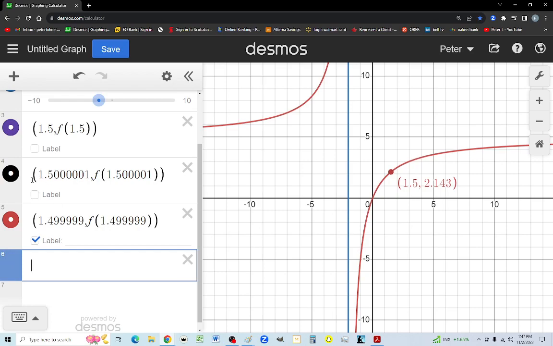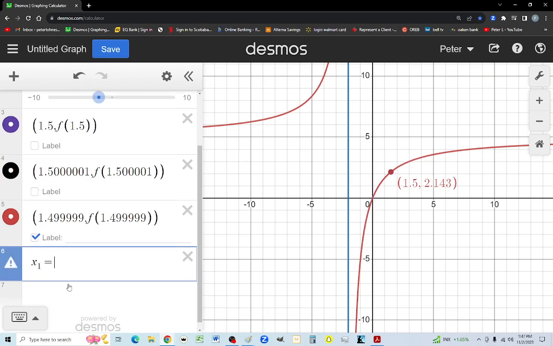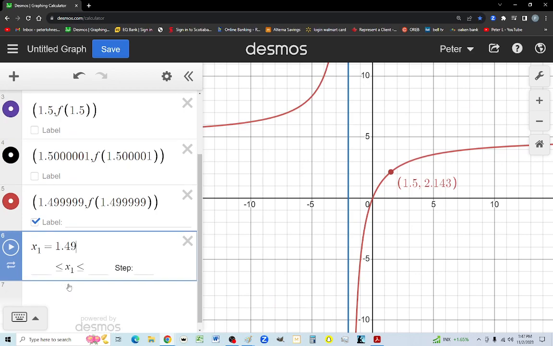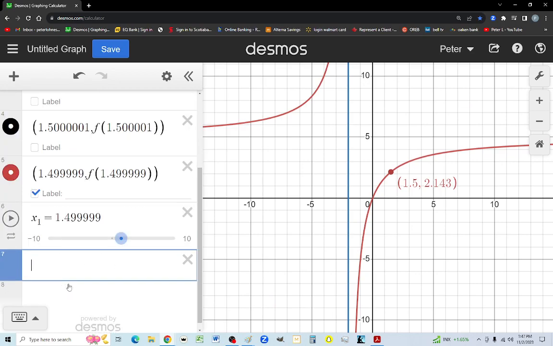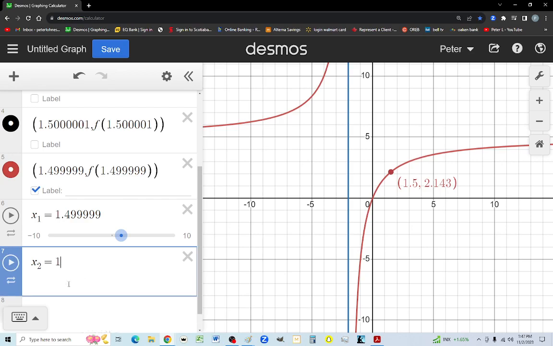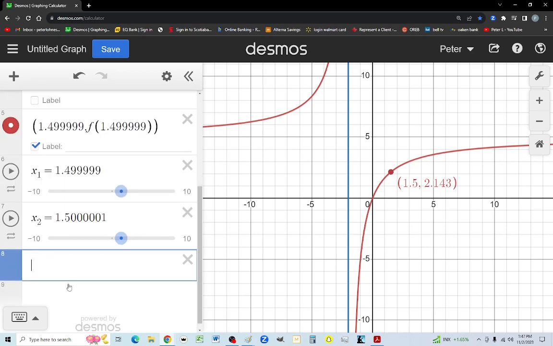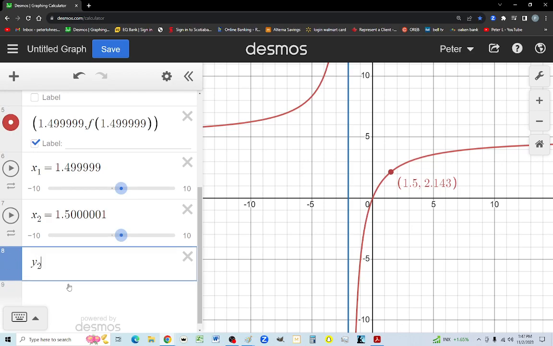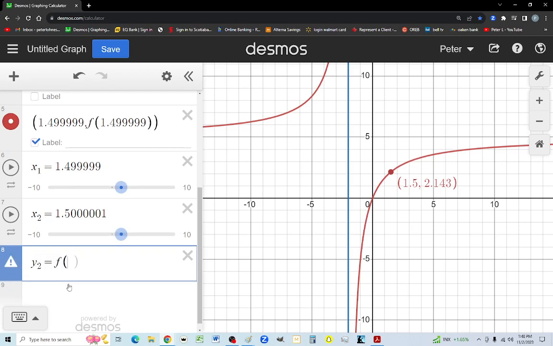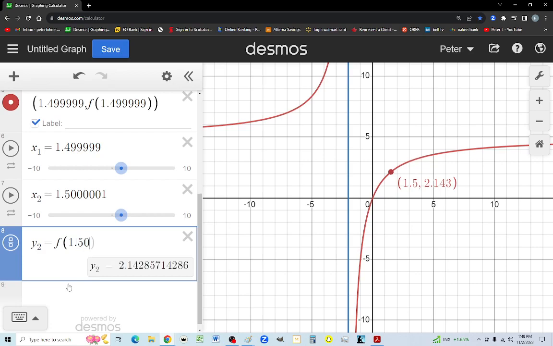So all we've discovered here is that x1 is equal to 1.499999 because it's to the left, and that x2 is equal to 1.50001 to the right. And we've also learned that y2 is the point f of x2, 1.50001. We might as well let the computer do it.